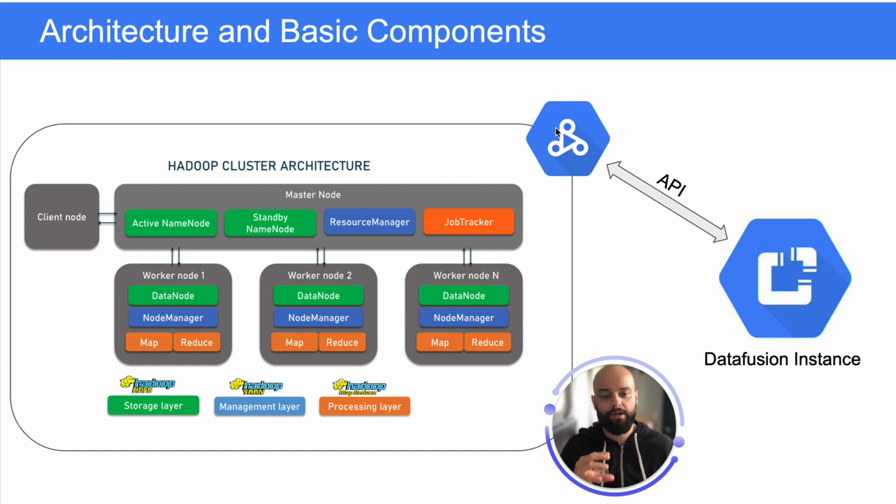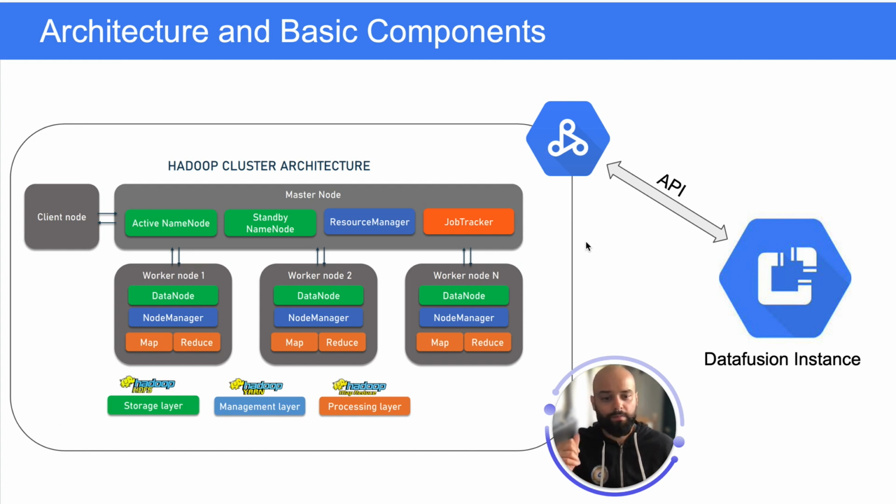So Dataproc is a service from Google Cloud that manages the Hadoop infrastructure that you need to run Spark streaming jobs on it. Basically we are gonna see in this course only the Datafusion instance because we're gonna use the default Dataproc cluster, but I want to let you know that the default Dataproc cluster manages all of this infrastructure for us.